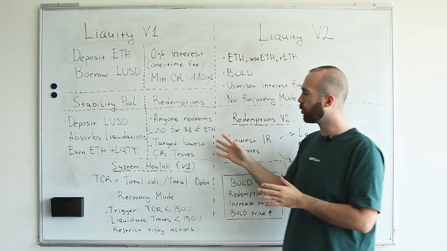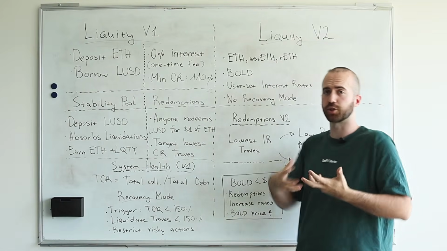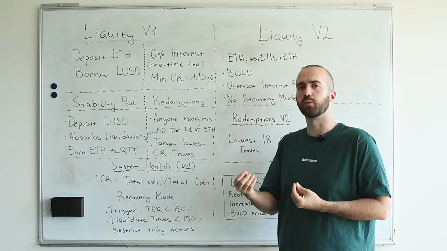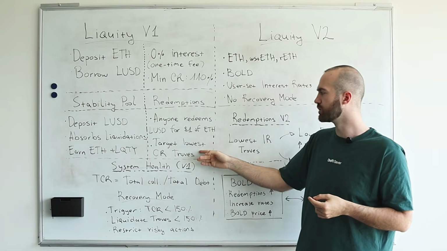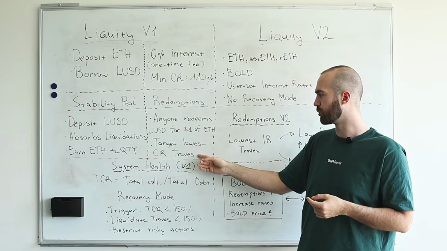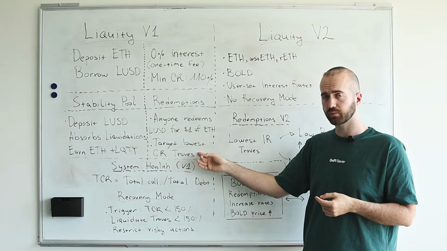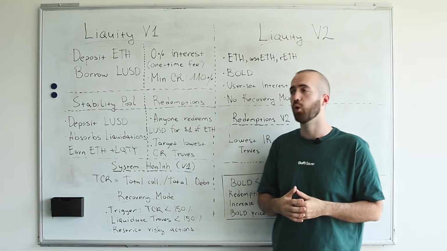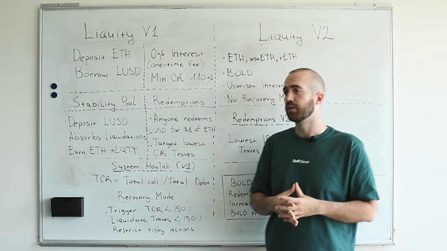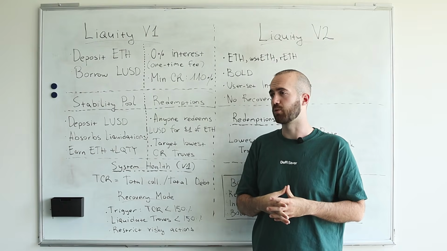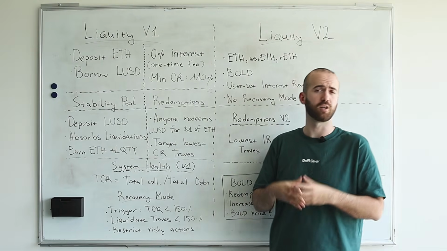Now there's also a question: how do redemptions actually work? Where does that ETH come from? It comes from existing troves, and the target troves are those with the lowest collateral ratio. What does that mean? We said 110% is the lowest allowed. Let's say the lowest collateral ratio right now in Liquity V1 is 120%.